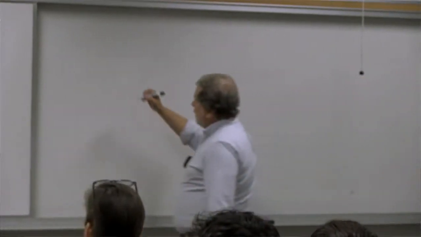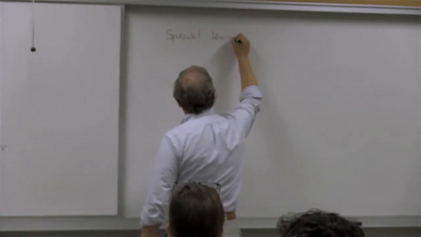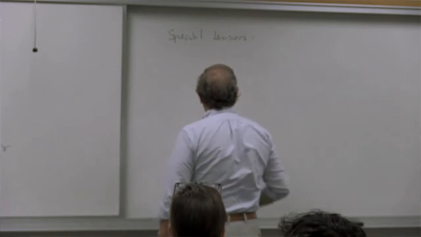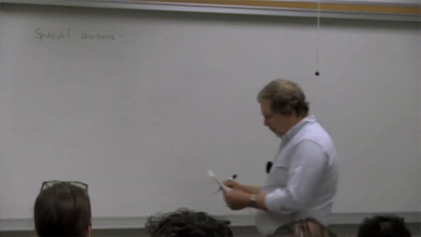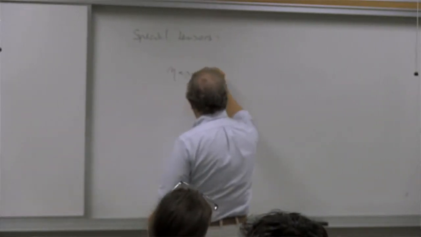So now there is a number of special tensors which are useful. And one is the eta symbol, eta alpha beta, the so-called flat metric.